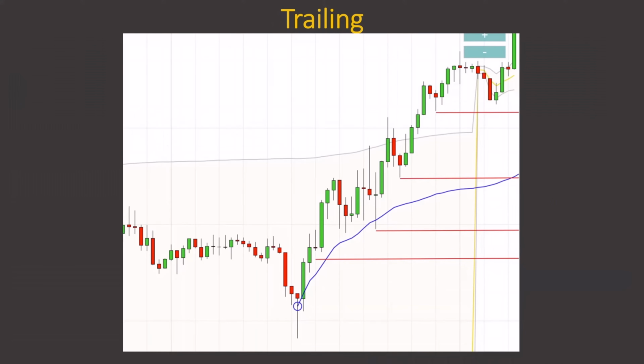Now, since VWAP works best in trending markets, it's a good idea to trail trades. This is quite a big topic. I covered that in my VWAP course, but here I'll show you at least one example of how you can go about this in a trending market.